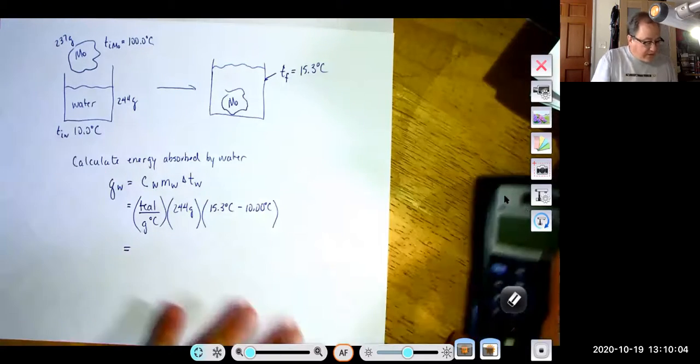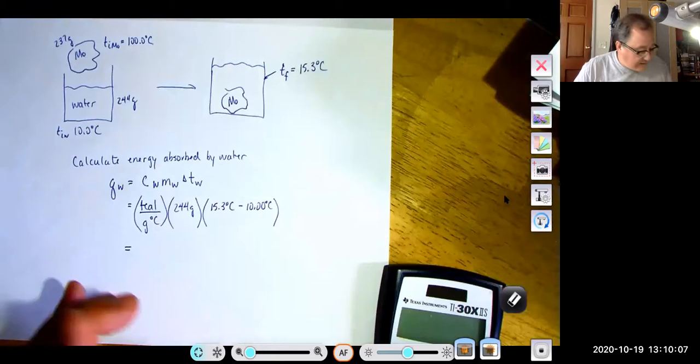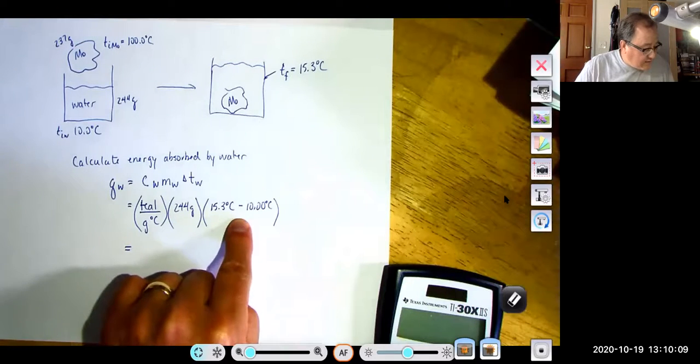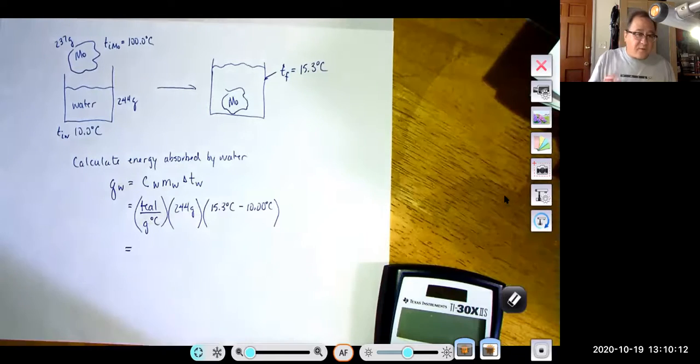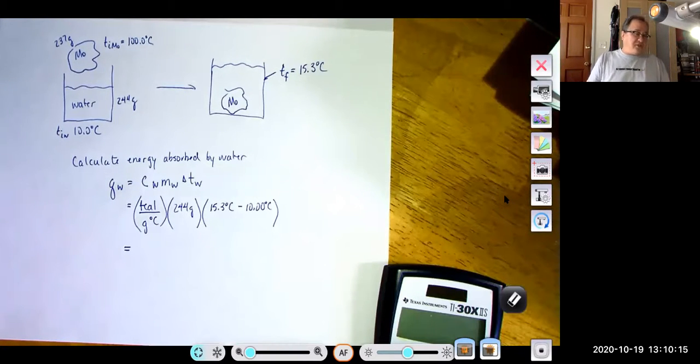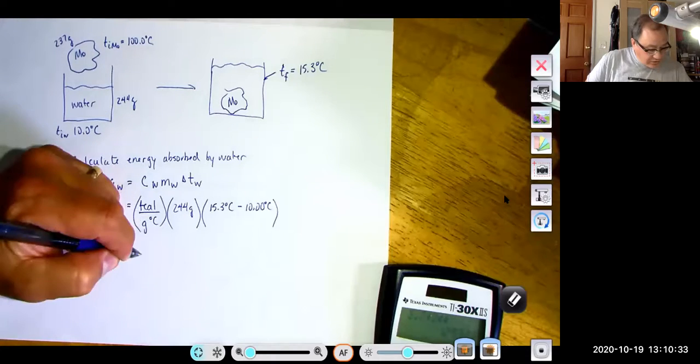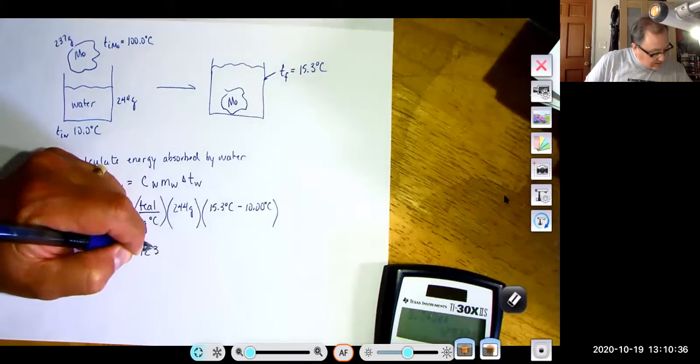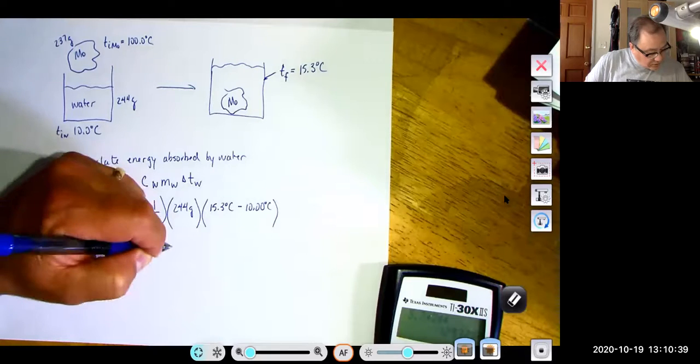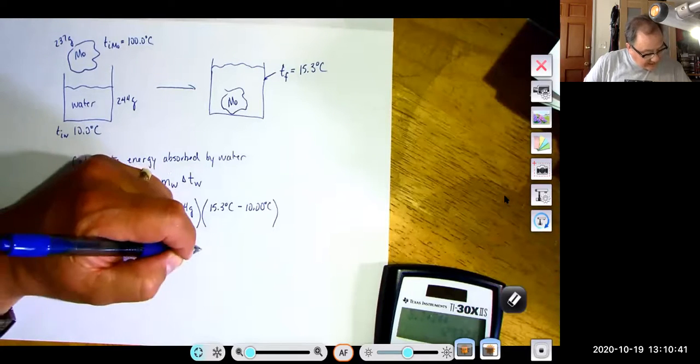And when we do all the calculations here, just to estimate, the difference here is 5.3. 5.3 times 244 is going to be roughly 1,200 or 1,250. So let's see what we get. 5.3 times 244, and I get 1293 calories.